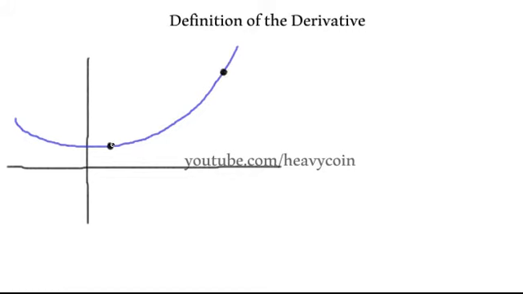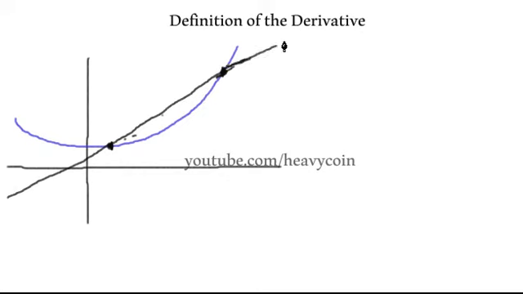And let's say that I wanted to draw a line that passes through both these points. I'm going to attempt to draw a straight line. Okay, we have a straight line here that passes through 2 points on our curve.